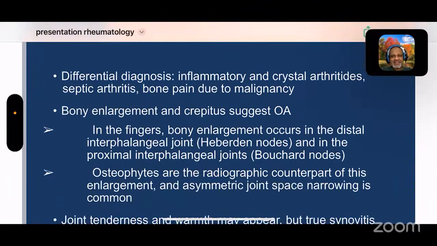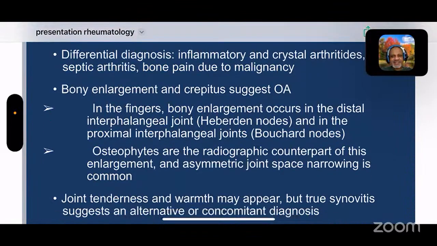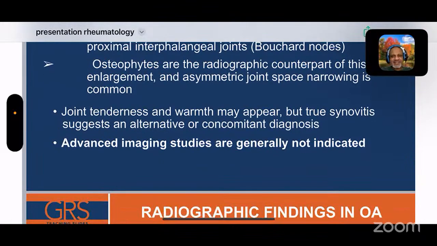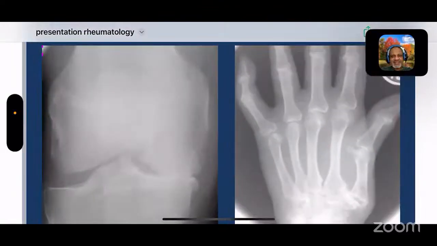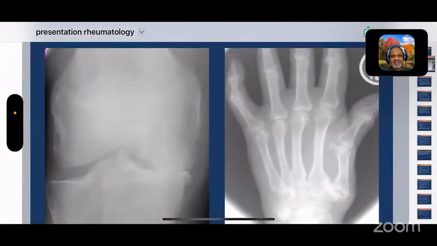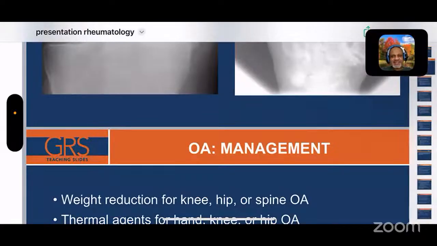And in the right photo, we can also see a node of the hand, called a Heberden node. We can see it here, if it is obvious. Okay, this is about osteoarthritis history, examination, diagnosis, and investigation.